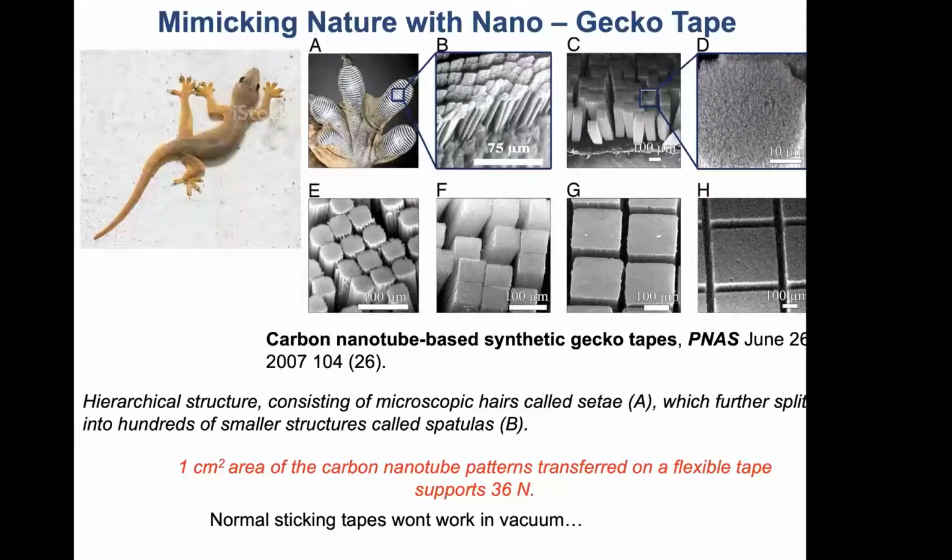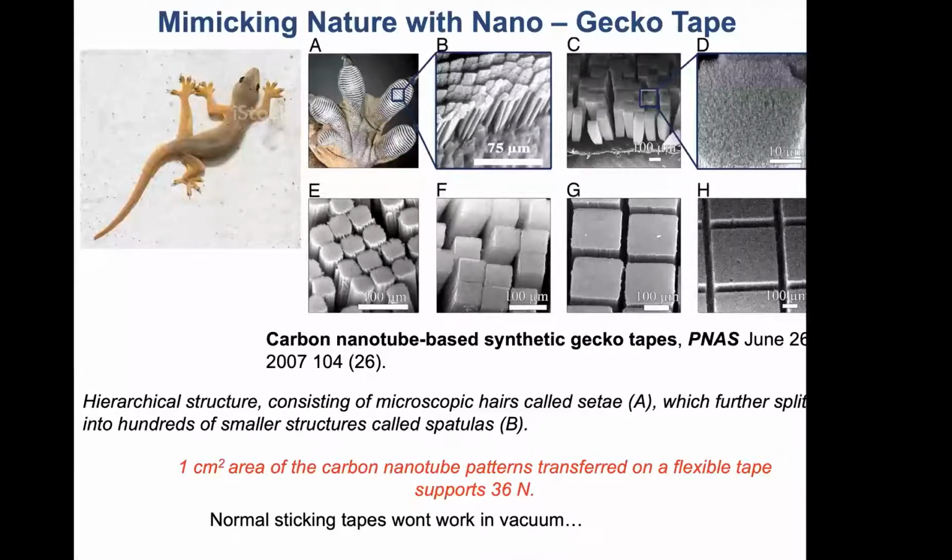When we looked into the feet of one such lizard, we could see very important structures consisting of something called setae, which are hair-like structures, and a smaller one at each seta called the spatulas. So a very interesting setae and spatula arrangement is there in lizards' legs, where they directly contact the wall.